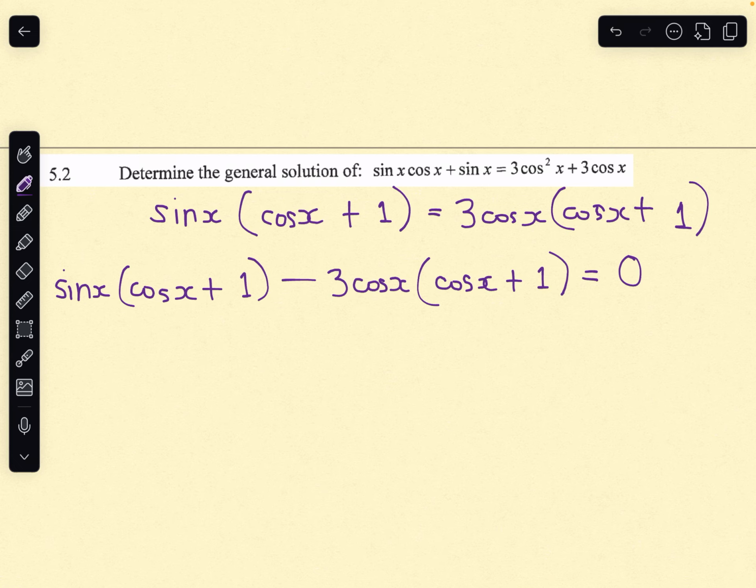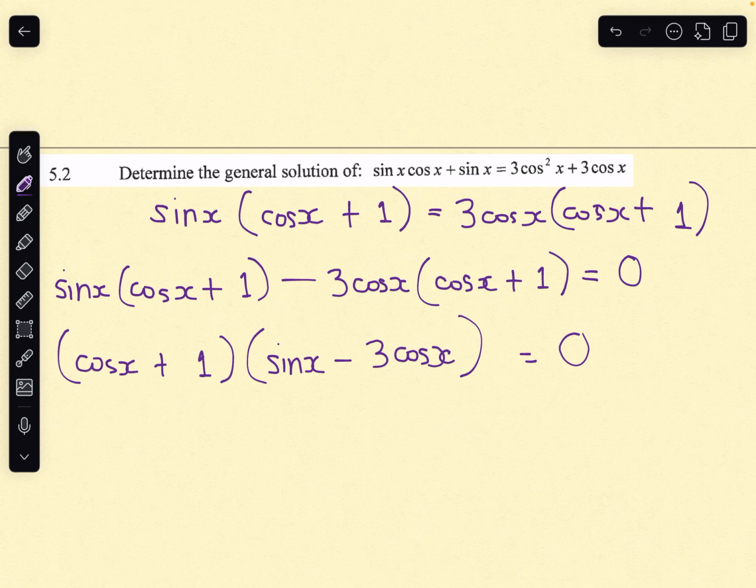So now we can factor out the common cos x plus 1. So in my first term, I'm going to be left with sine x, and in my second term, I'll be left with minus 3 cos x, right? So this is now an equation that we can solve using the null property.